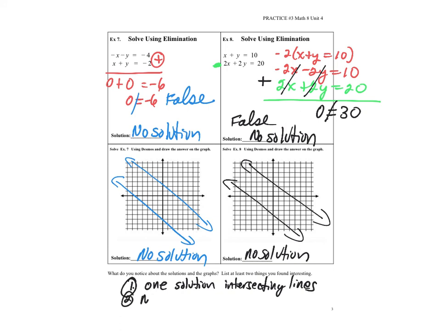If there's no solution, the lines are parallel. This is the symbol for parallel. And if there are many solutions, they're the same line. All right, so keep those three things in mind.